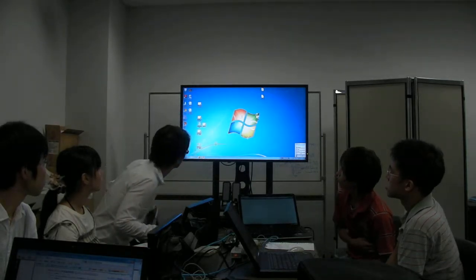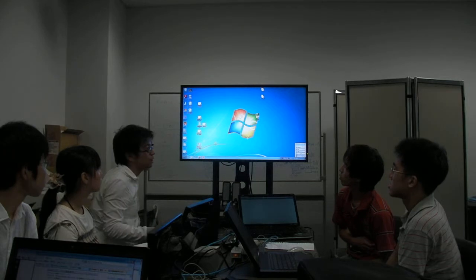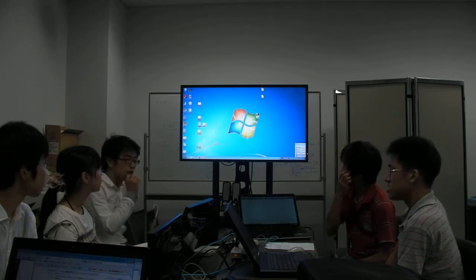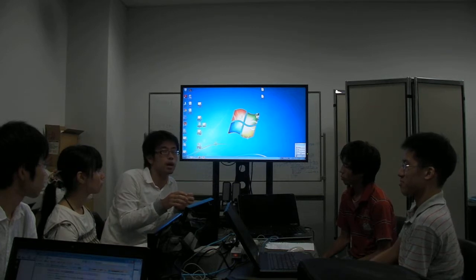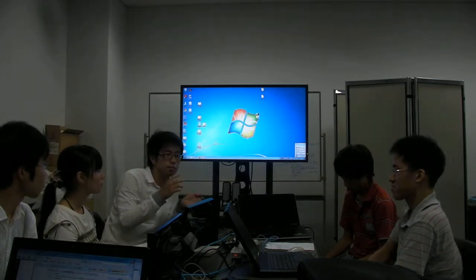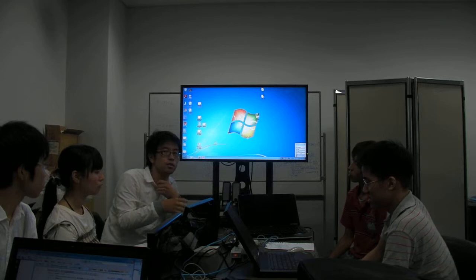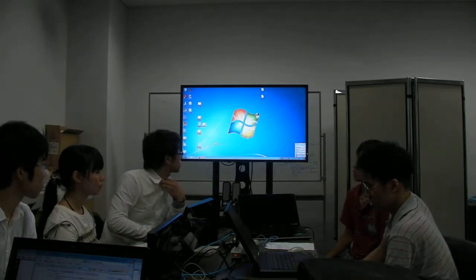Sorry, I can't show the analysis, but I think the price difference in Japan is not so large.